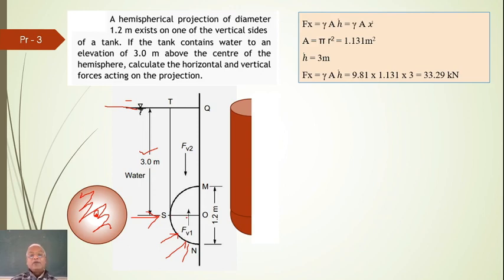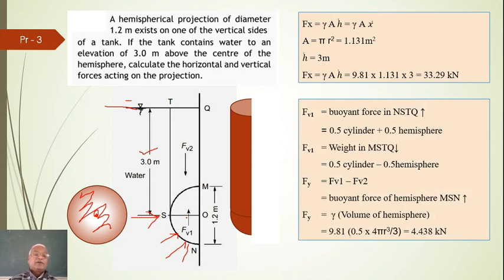We'll try to calculate the whole thing in a systematic manner. FV1 I have calculated. As I have told you, it is nothing but 0.5 cylinder, that is half of the cylinder, SOQT, and then this OSN is half of the hemisphere.